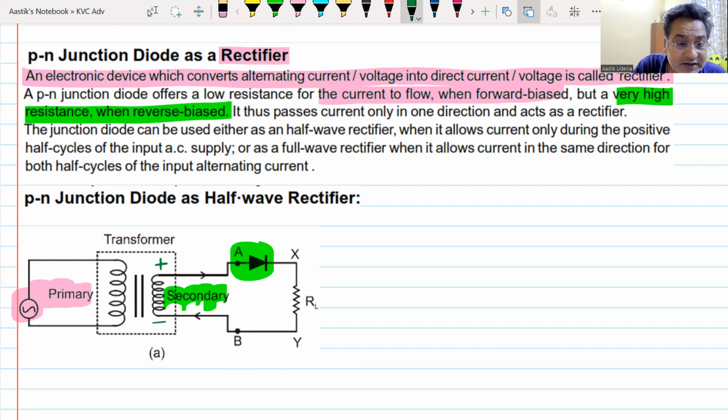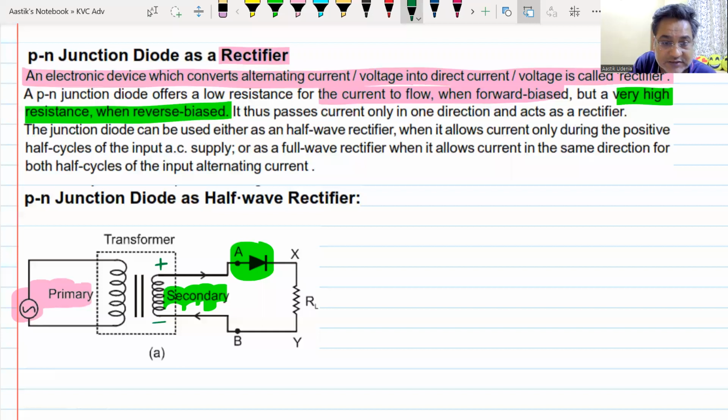In the other half cycle, it will not transmit. Do we understand this? So it will behave as a half wave rectifier.